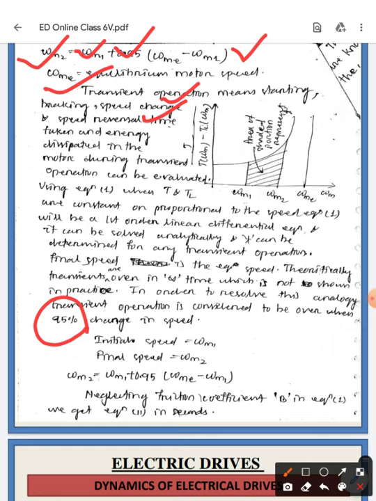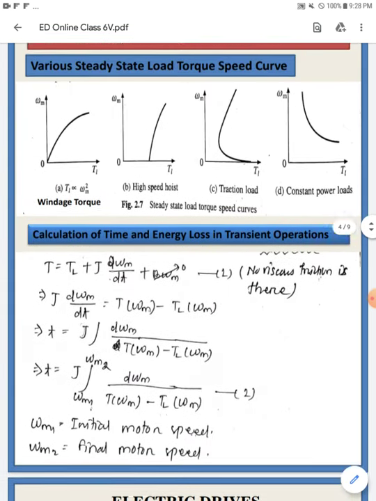So the transient operation can be evaluated using equation number 1 and equation number 2 that we have seen here.